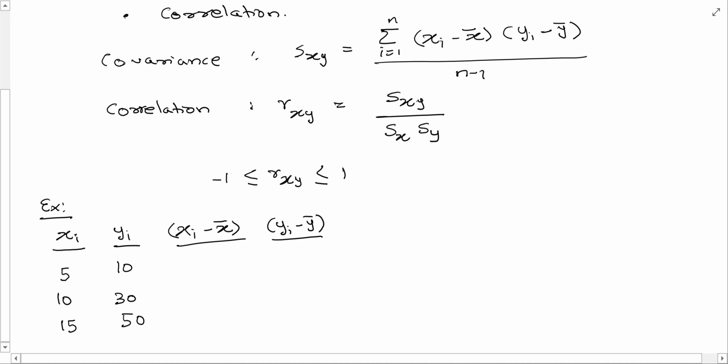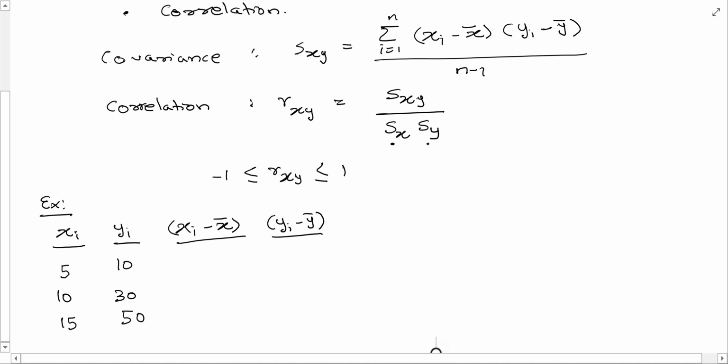And then we also need the standard deviation of x and standard deviation of y, for which you would need to look at the squared deviation as well. So you have xi minus x bar squared, and then you have yi minus y bar squared for the second variable.